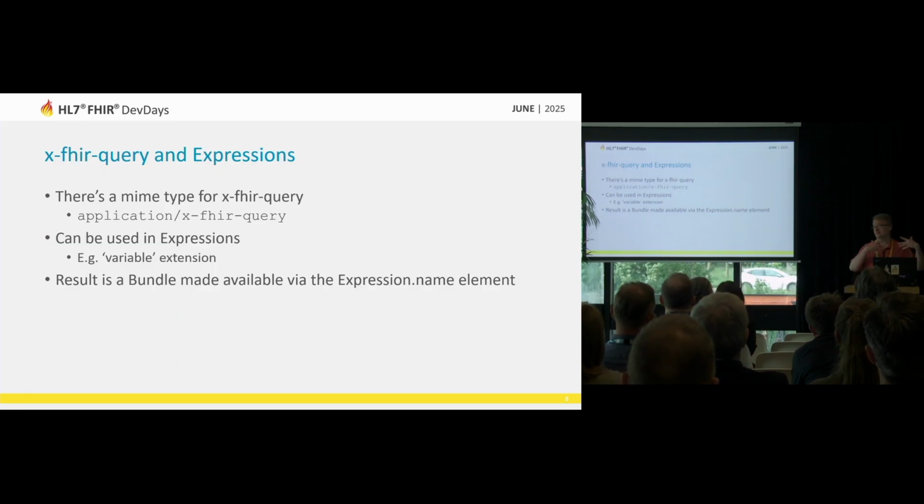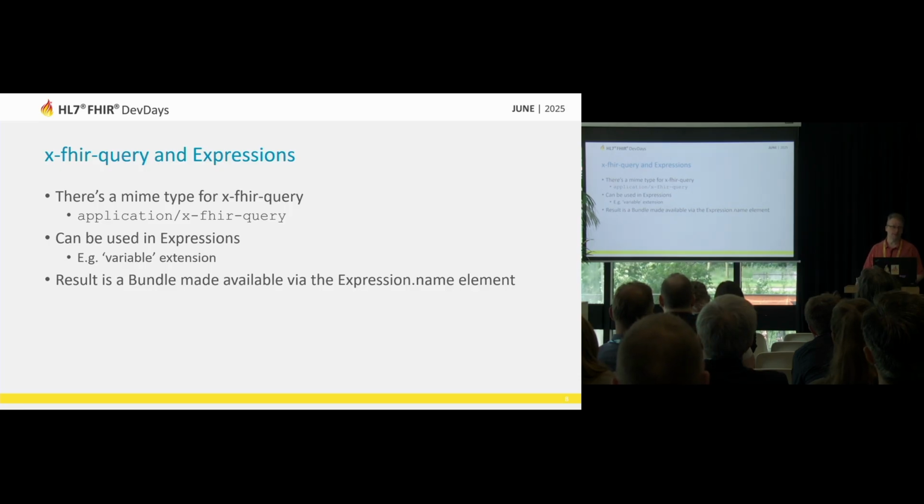We just said, well, I just want to run a query, but I just want to substitute some FHIRPath into pieces of it. And so x-fhir-query was what we did as a result. And then I can go and grab the condition, go and grab the allergy, and stick those into variables, and then navigate those for population or extraction or whatever it is I need to do within the questionnaire.